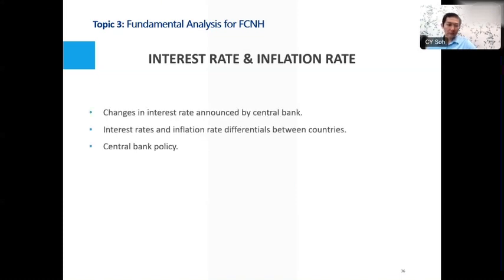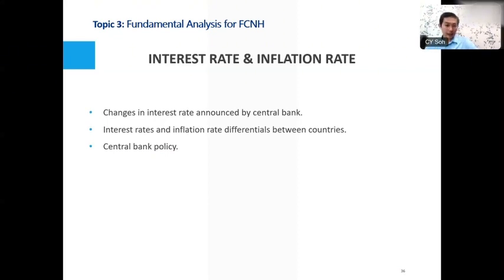If there is any uncertainty in the market in terms of interest rate, then any developments regarding interest rate can have a direct effect on the currency market. Generally speaking, when a country raises interest rates, it becomes very attractive for investors to put money in that particular currency.